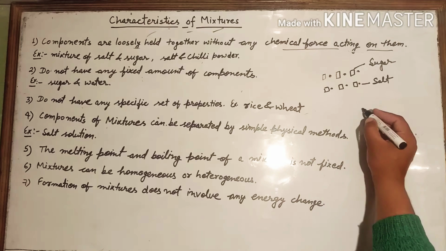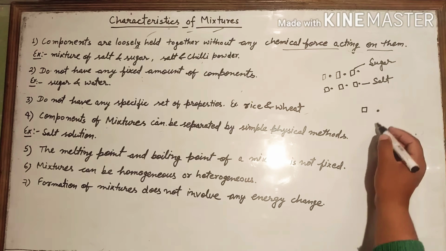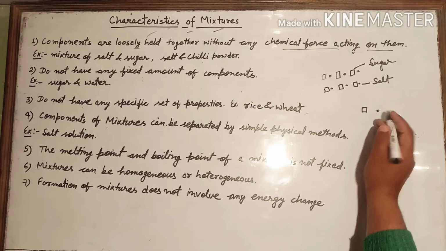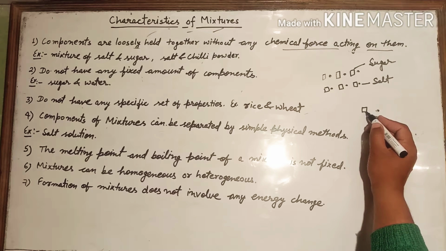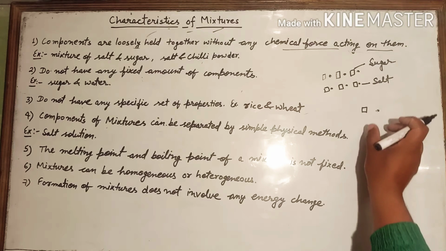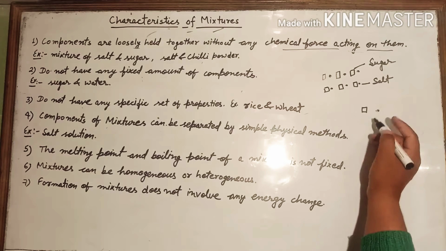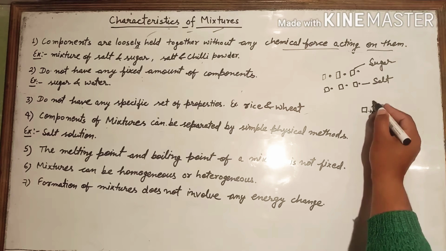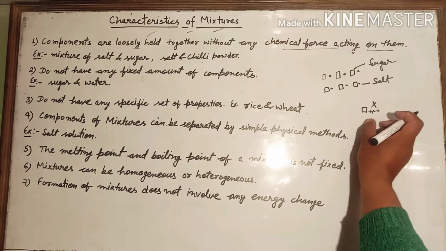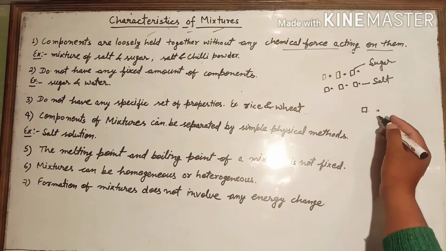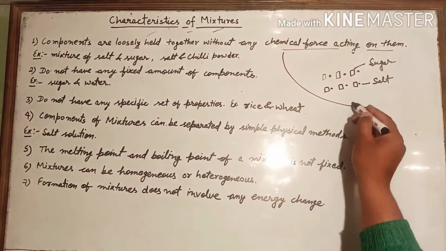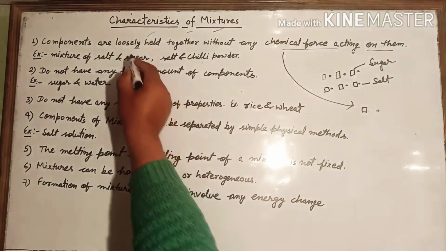Now you can see there will be no chemical bonding between them, meaning there will be no attraction force between the components of salt and sugar, so they will not attract each other. So they will be loosely held together. In this way we can understand that there will be no chemical force between them.